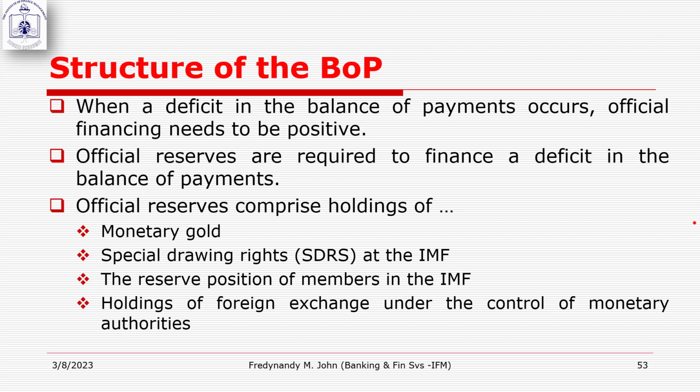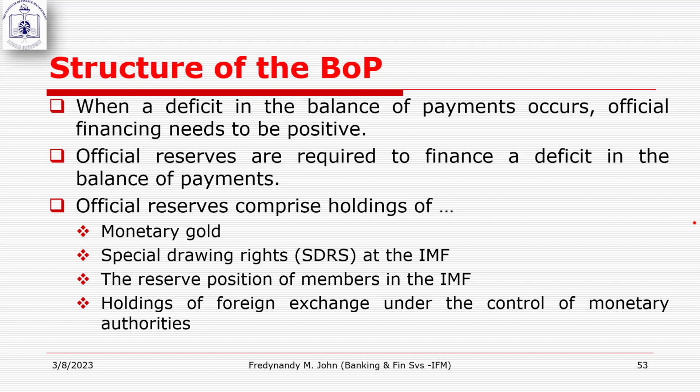Official reserve comprises the following: monetary gold, special drawing rights at the IMF, the reserve position of members in the IMF, holding of foreign exchange, and the control of the monetary authority.